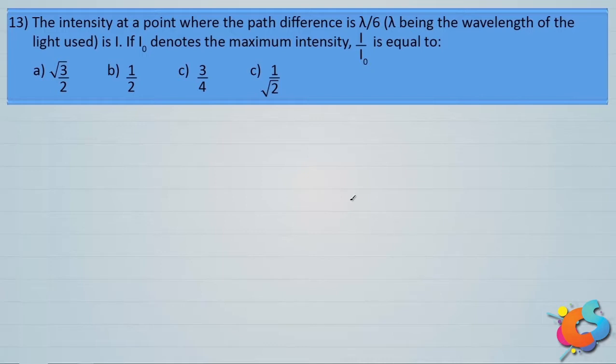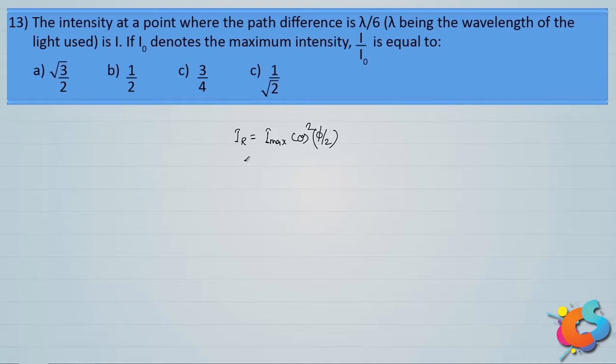Again, this problem is also based on the expression for maximum intensity at any point on the screen, where you can treat that the individual intensities are equal. So the resultant intensity at any point is given by IR is equal to I max cos square phi by 2, where phi is the phase difference between the two individual waves at that point, and I max is the maximum intensity, which can be written as 4 I naught if I naught is the individual intensity.